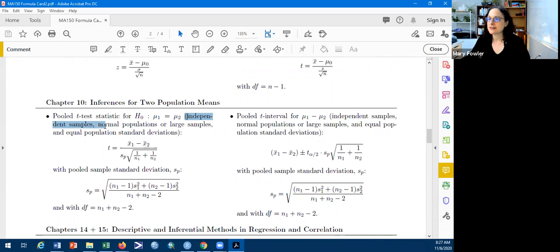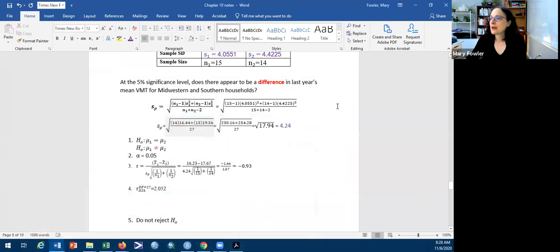We need independent samples, normal populations or large sample sizes, and equal population standard deviations. So it clarifies exactly what the situation is where these statistics are valid, okay? And so we have here the t statistic, and that's our pooled standard deviation, and that's the degrees of freedom.